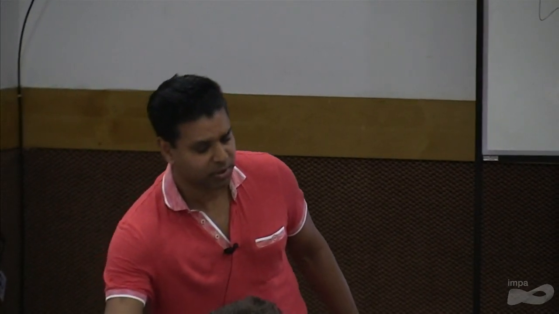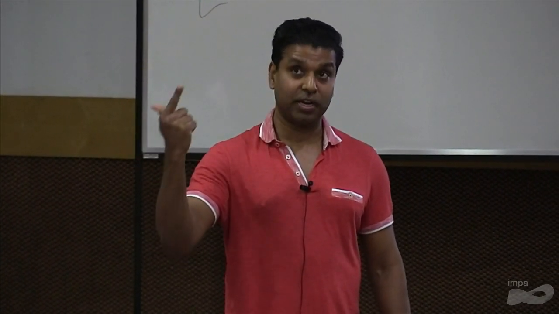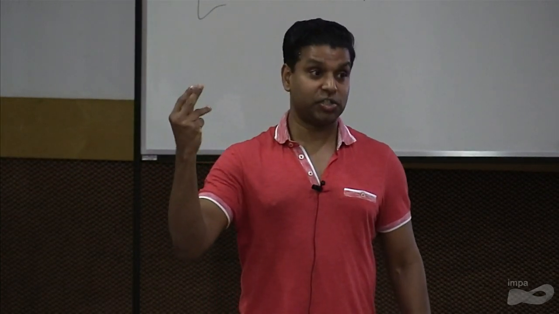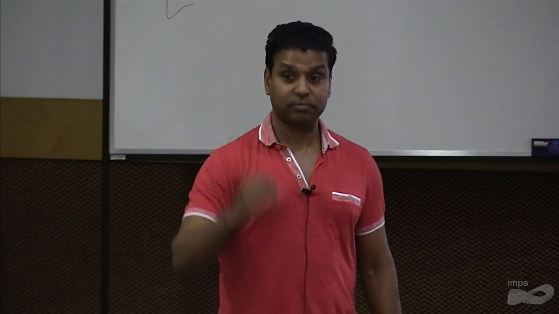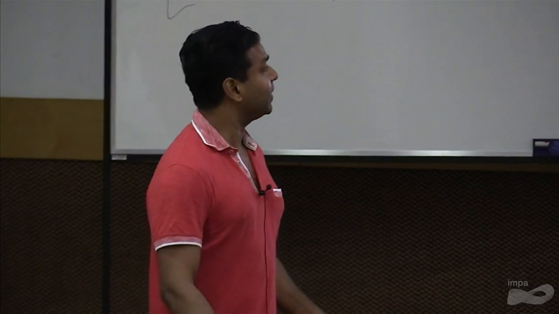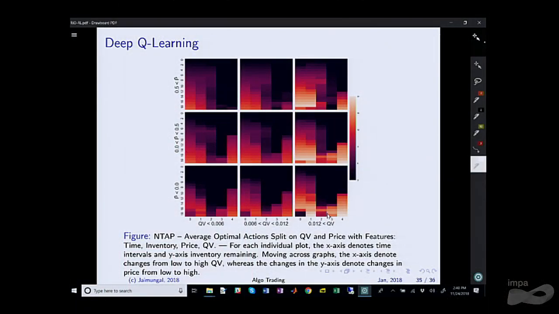What we used, in terms of features, we just wanted to keep the feature space low dimensional so that we can understand and make sense of it. We used time, of course, time remaining, current inventory, quadratic variation over the last period of price changes, and price. Okay, those are the features that we have. And in this particular case, we've sliced up the optimal actions into quantiles.